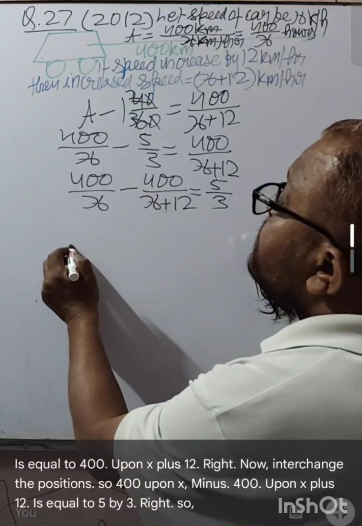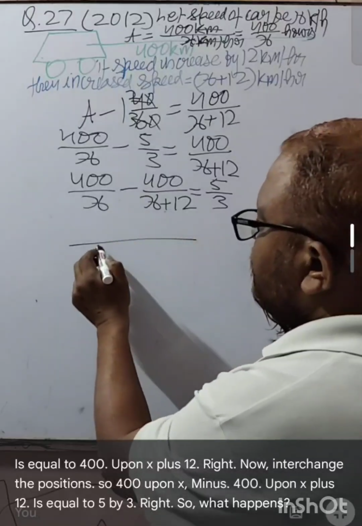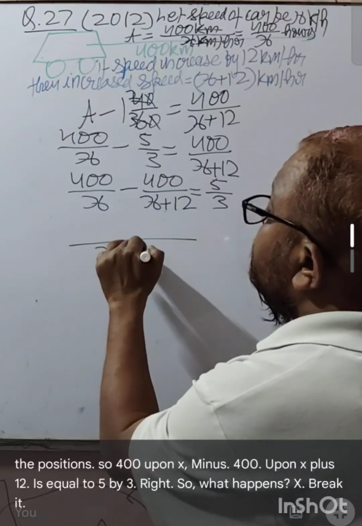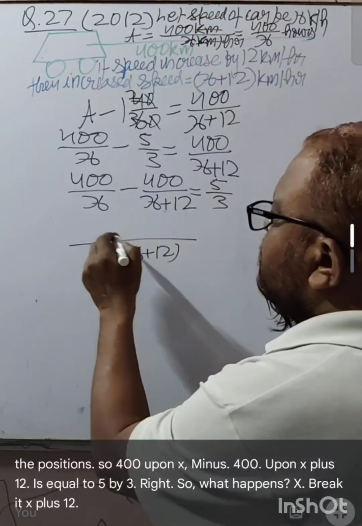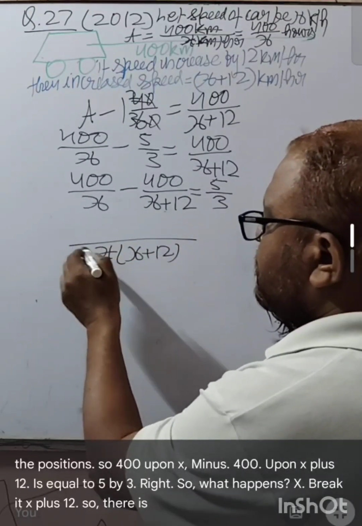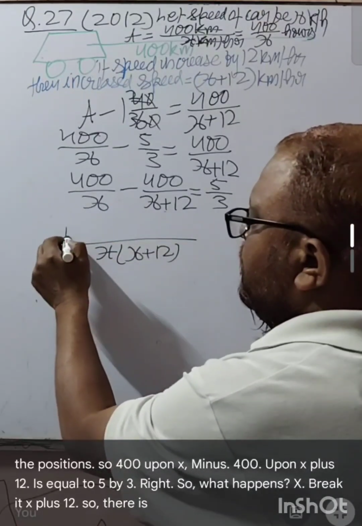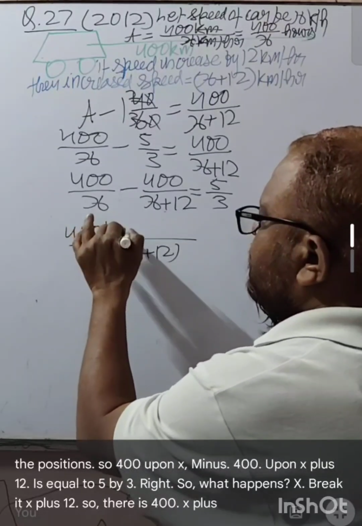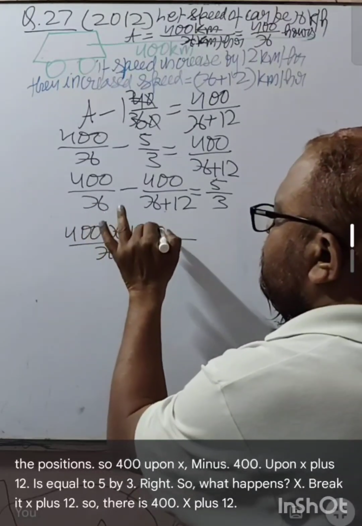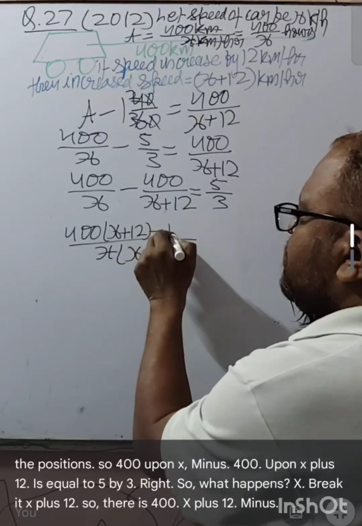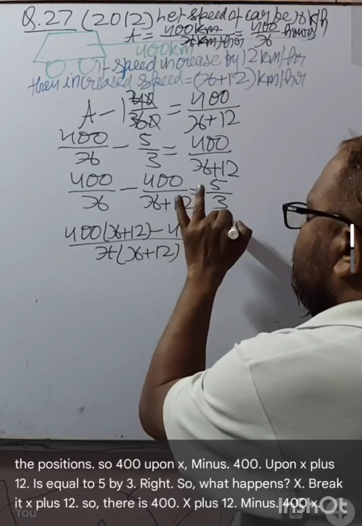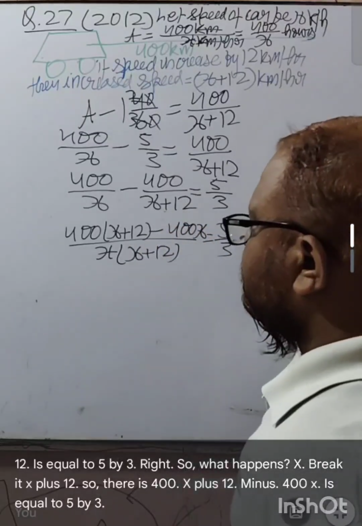So what happens? X bracket x plus 12. So there is 400 x plus 12 minus 400x is equal to 5 by 3.